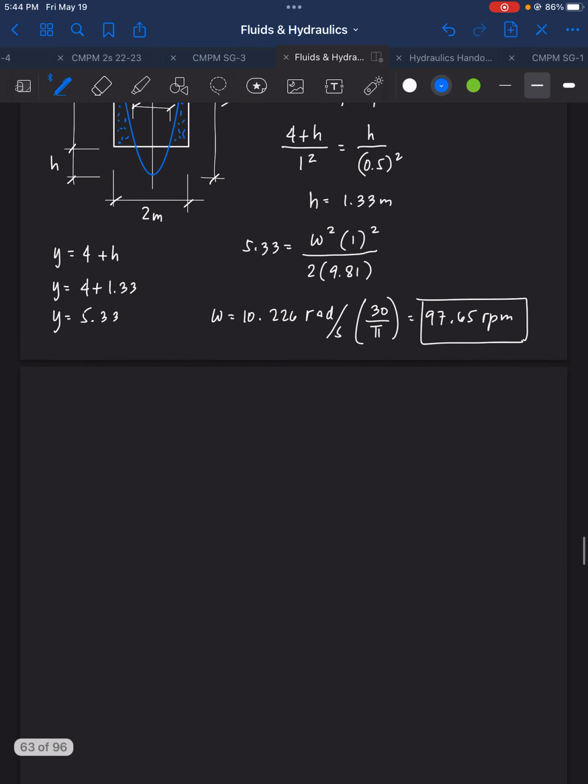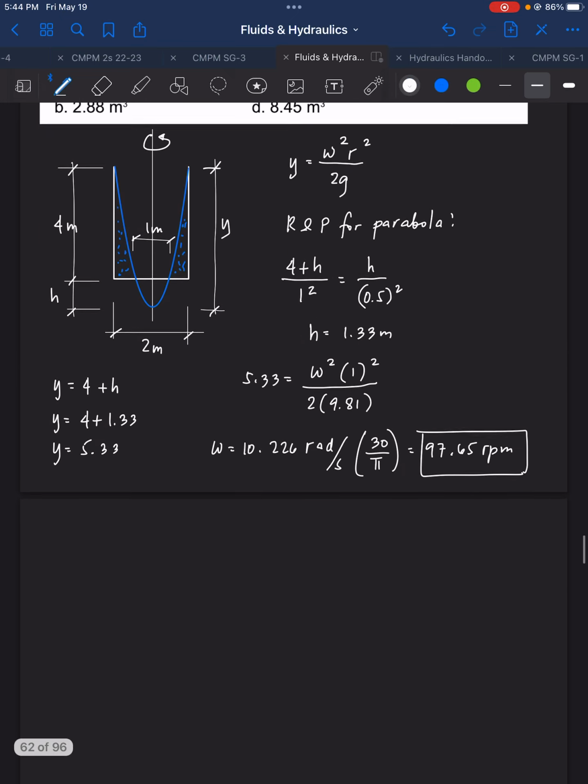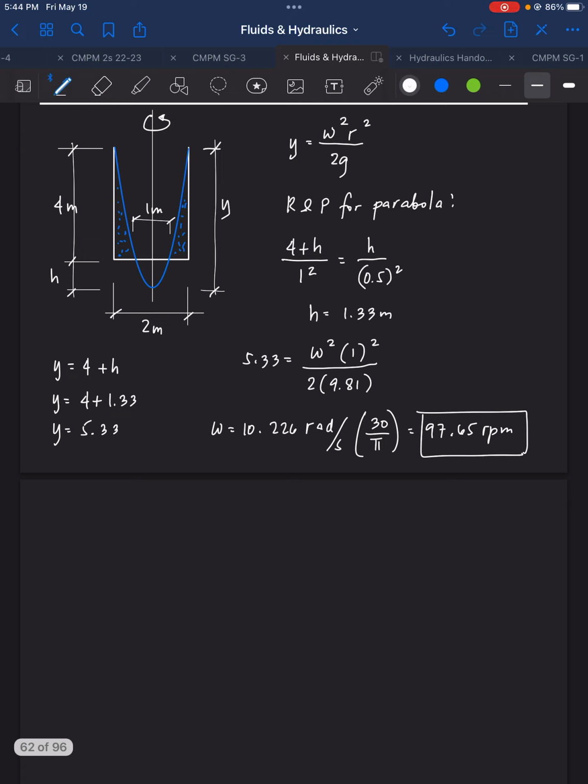So, for volume left, that is for number 6.